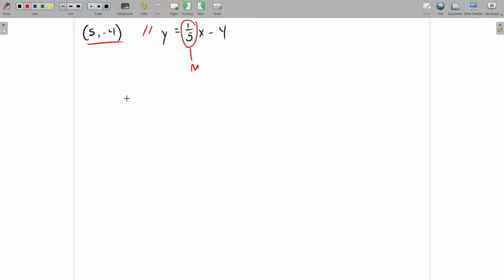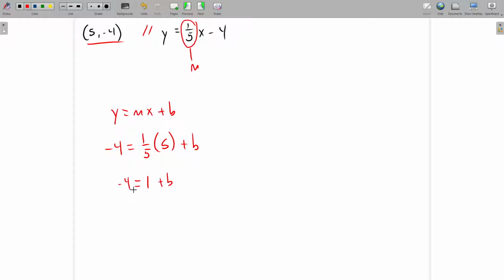So if we use slope-intercept form, because I feel like that's always a student favorite, we would take y equals mx plus b, plug in the -4 from the point that we have for y, plug in the 1/5 for m, plug in the 5 for x that we're given, plus b, and now we're just solving for b. Right, so 5 times 1/5 is going to be 1.